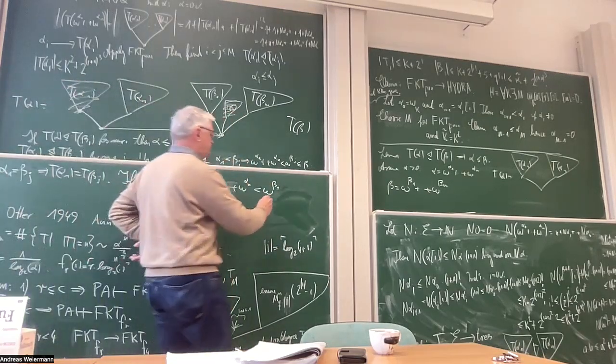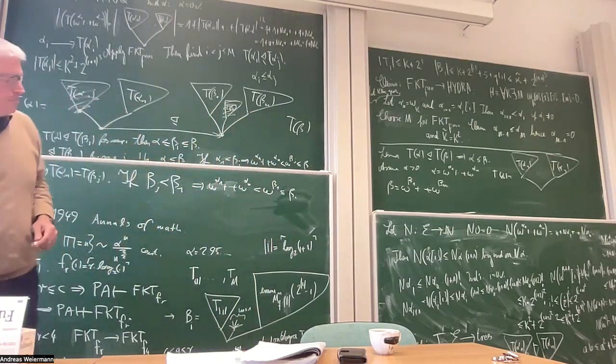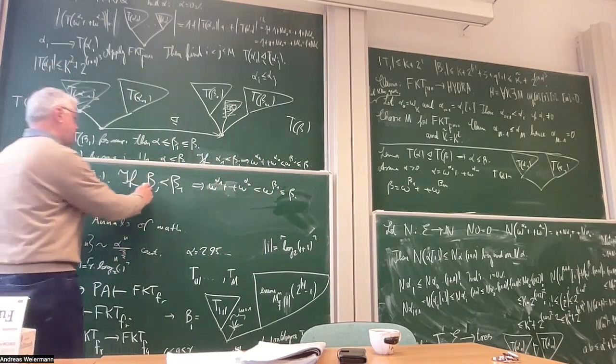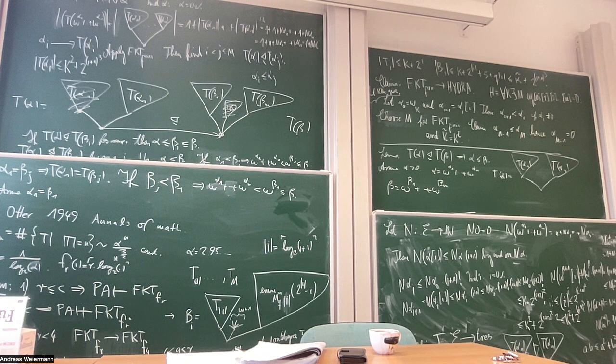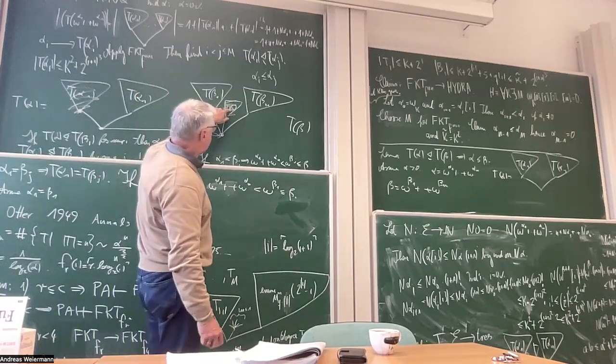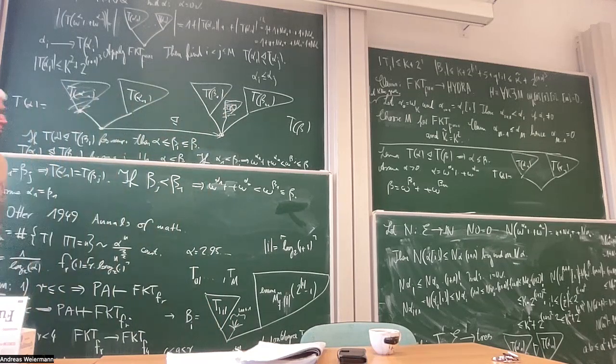What does this mean? We can actually assume alpha 1 is equal to 0. So this one moves into this one, but actually this one is the same as this. Not too bad.